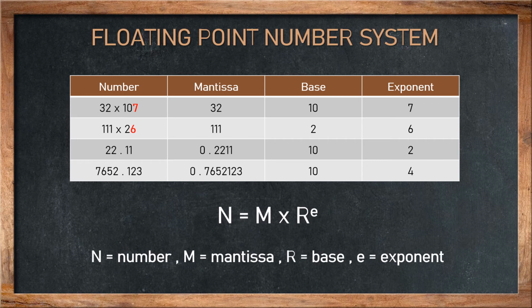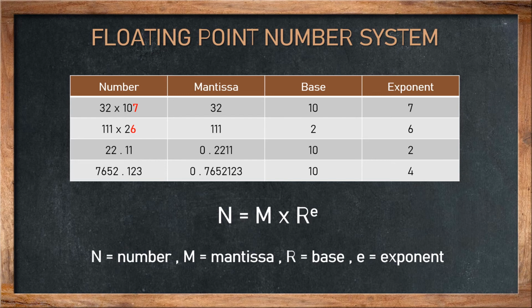So here we have 32 multiplied by 10 raised to 7, and that is the reason I have highlighted this 7 in red color. From this number we need to identify the different parts. So what is 32? As we know, this is M, the mantissa. So I got 32 as my mantissa. Then 10 is the base and 7 is the exponent. So just extract the information from the given value.